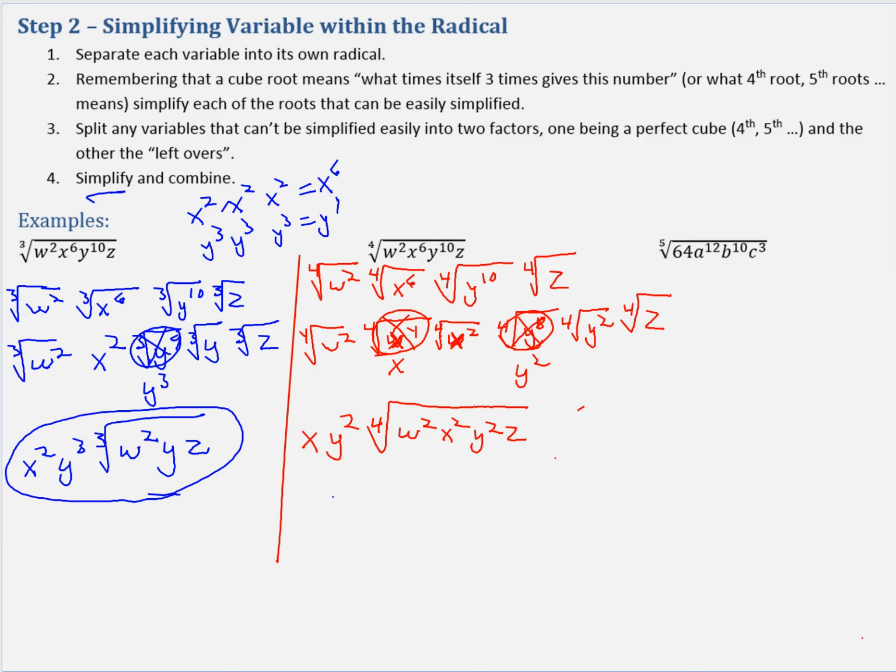And then we have our last one here, which we're going to squeeze in down here. We have a 5th root, so it helps to know our 5th roots. So 1 to the 5th is 1, 2 to the 5th is 32, and 3 to the 5th is, I'm not sure what 3 to the 5th is, but I see that 32 goes into 64.